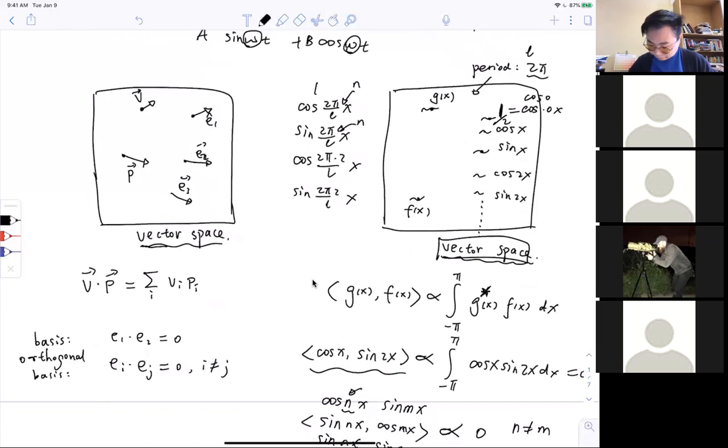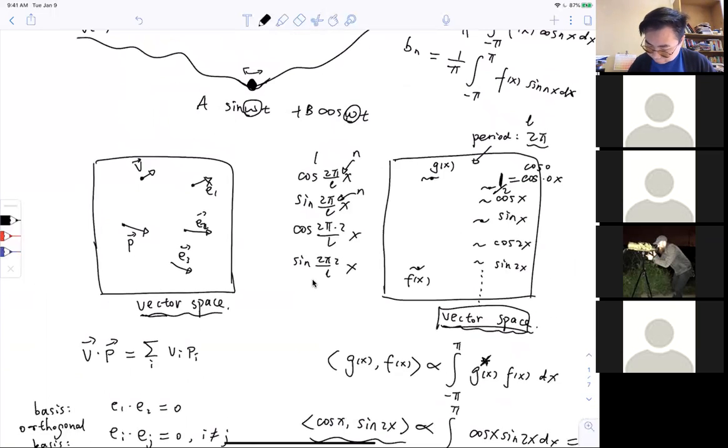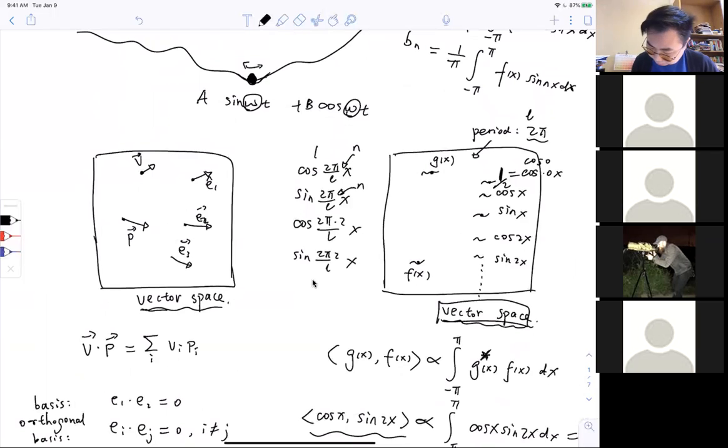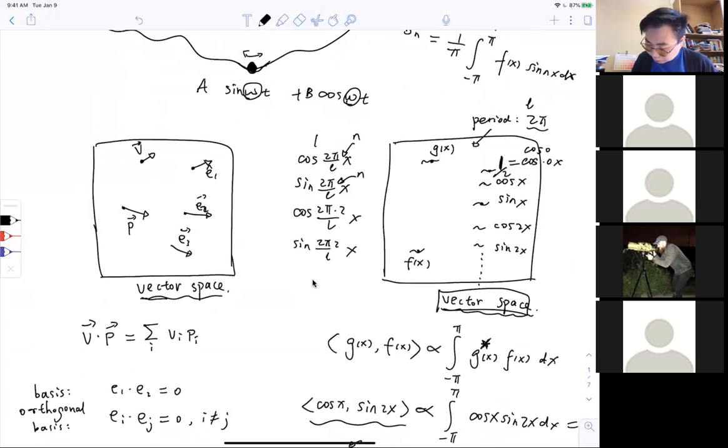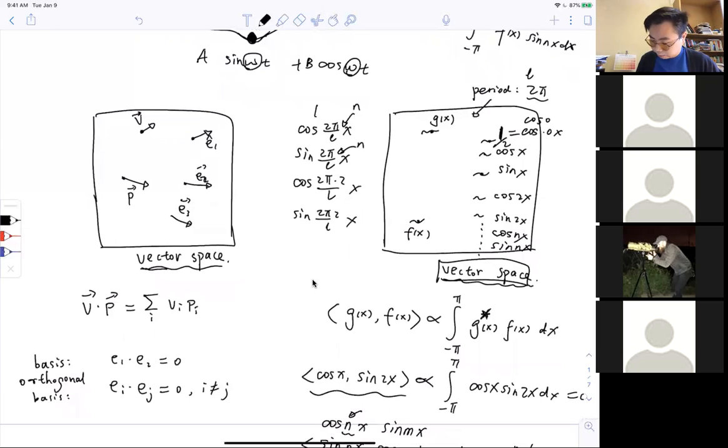I'm a little confused about the basis. In the vector space, it's E1, E2, E3. What about the vector space on the right? On the right, the basis is 1, cosine x, sine x, cosine 2x, sine 2x, and in general, it's cosine nx and sine nx. But we have infinitely many bases on the right, and finitely many on the left. That's the difference, right? Yeah. Basically, this is an infinite dimensional vector space.